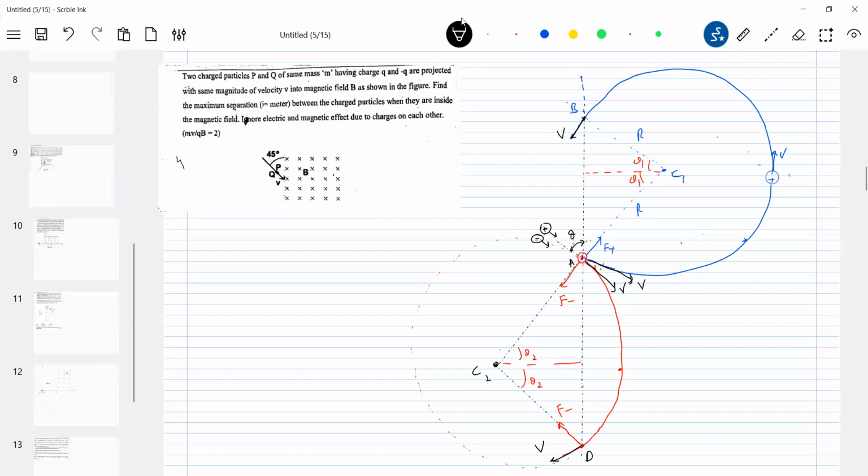Therefore this angle should be how much? Theta is 45, so this will be 90 minus theta. So theta 1, and what should be the angle at which it will leave? The same angle theta. Again here it entered at theta, so this should be again theta. So this should be 90 minus theta. This will be theta, so this should be theta 2. So shall we write theta 1 equal to theta 2 equal to theta?